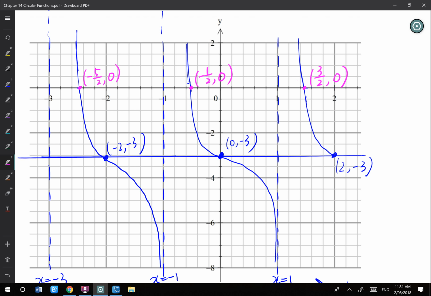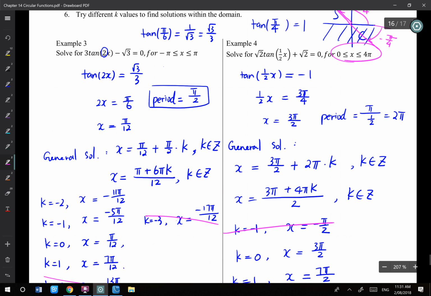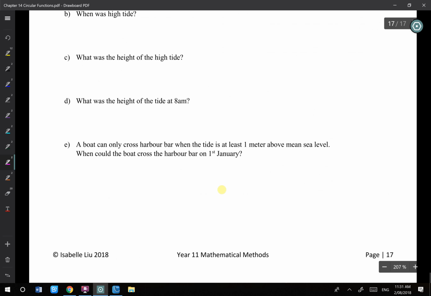That's why last week I said my graph is not really approaching the asymptotes, because the scale is not very correct. I need to make sure all my x-intercepts are at the correct place. So it is at the correct place now. All right. Let's do the last page.